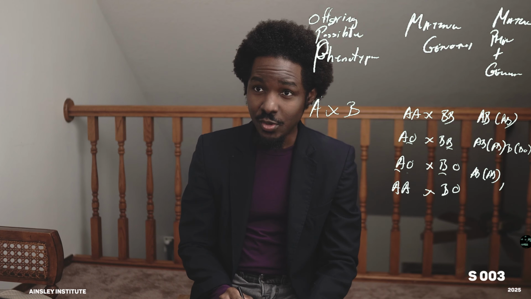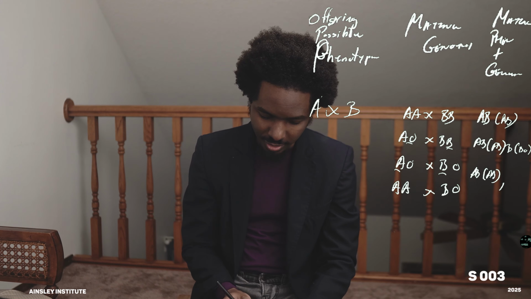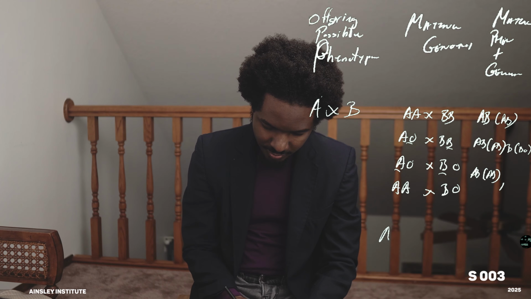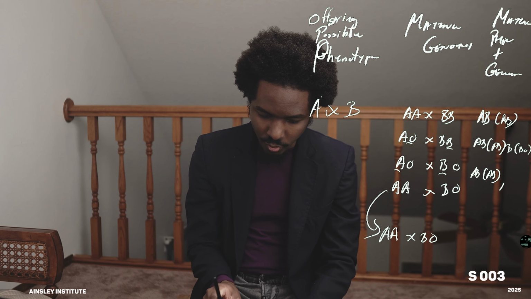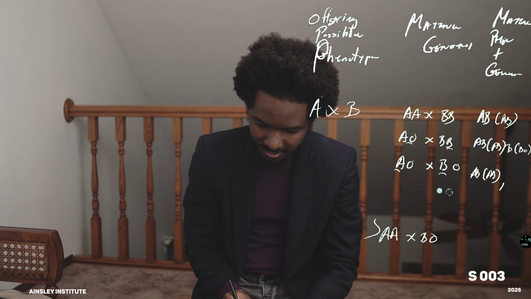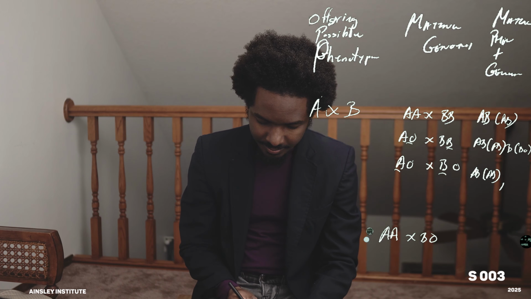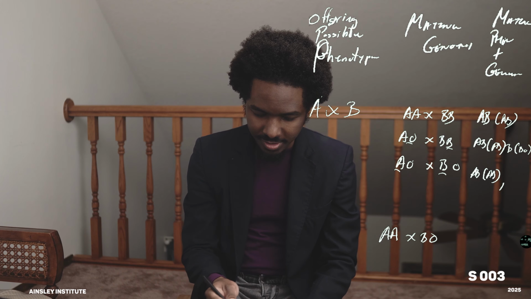So AO times BO gives us a very unique combination. We're going to write this down here. AA times BO. We're going to carry this down here. That's what we just did. So we can have some space. I'm going to show you something right here. All right. So it's just expanded.